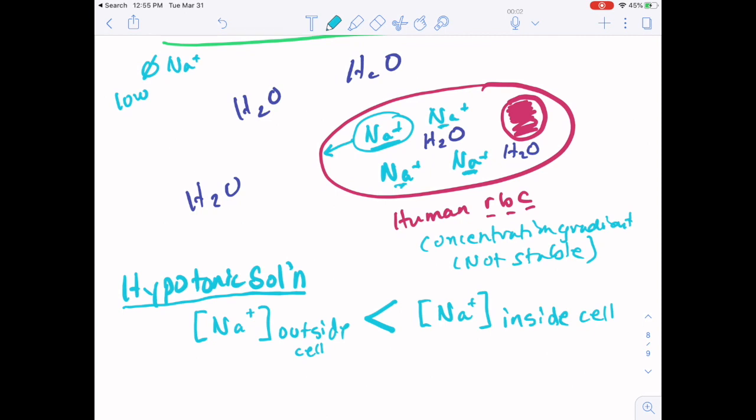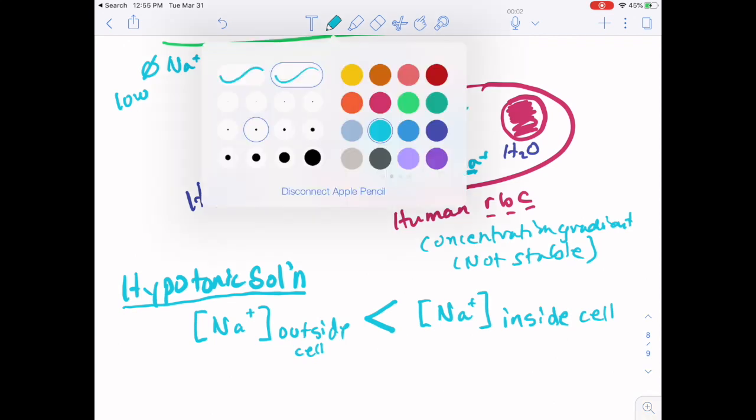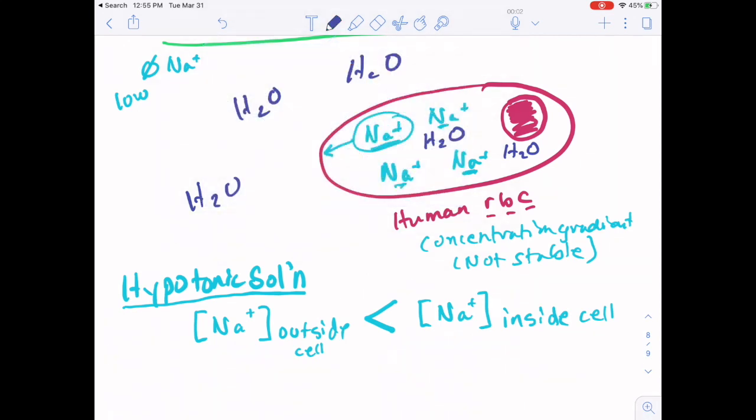So water's like, I got to fix this again, don't I? But this time, water's not going to exit the cell. Think about what would happen if water exited the cell. It would make the concentration inside the cell even more concentrated. It would make the sodium ion concentration in the cell even higher.